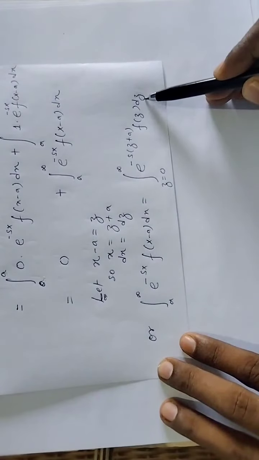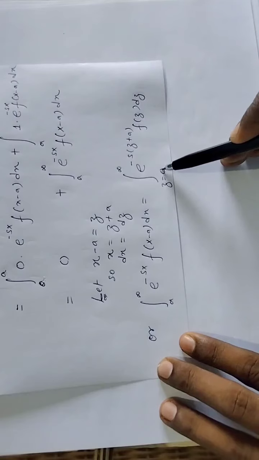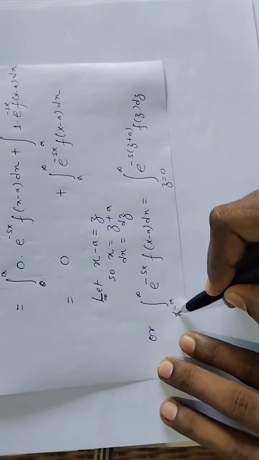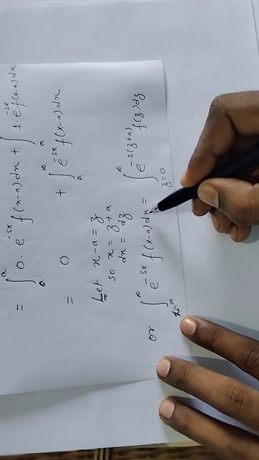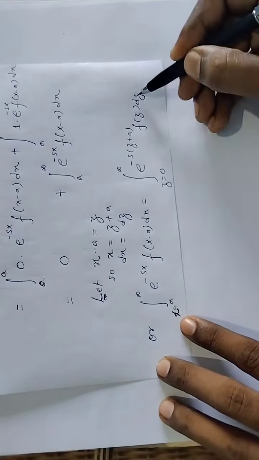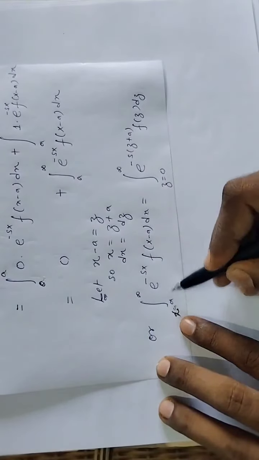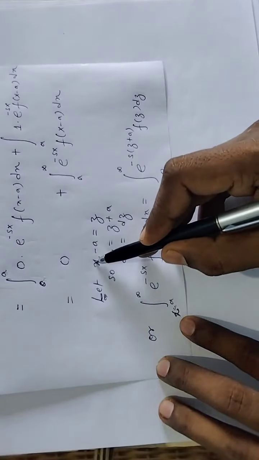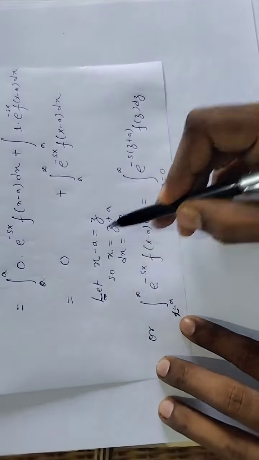You will ask why this is 0. Earlier it was x, and since we have changed this integral from an x integral to a z integral, for x equal to a, what will z be? Just replace x with a here. So a minus a becomes 0. So z starts from 0.